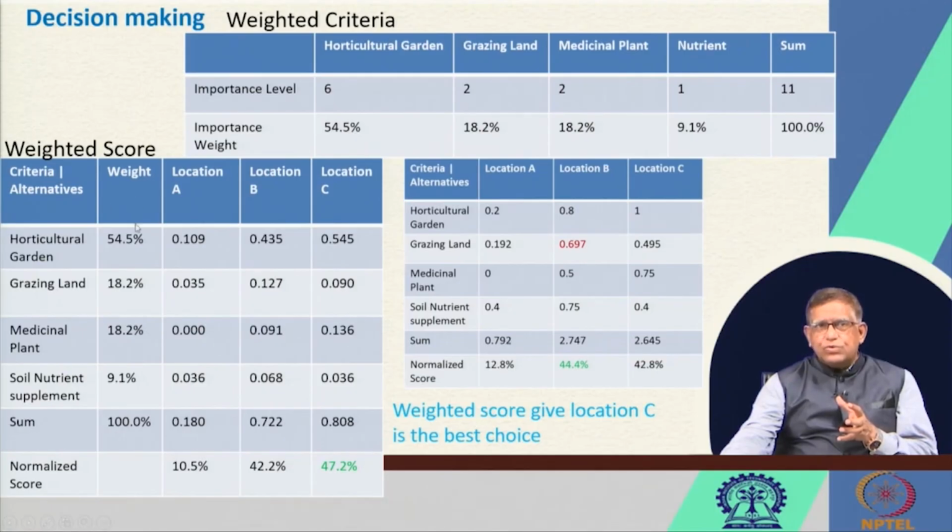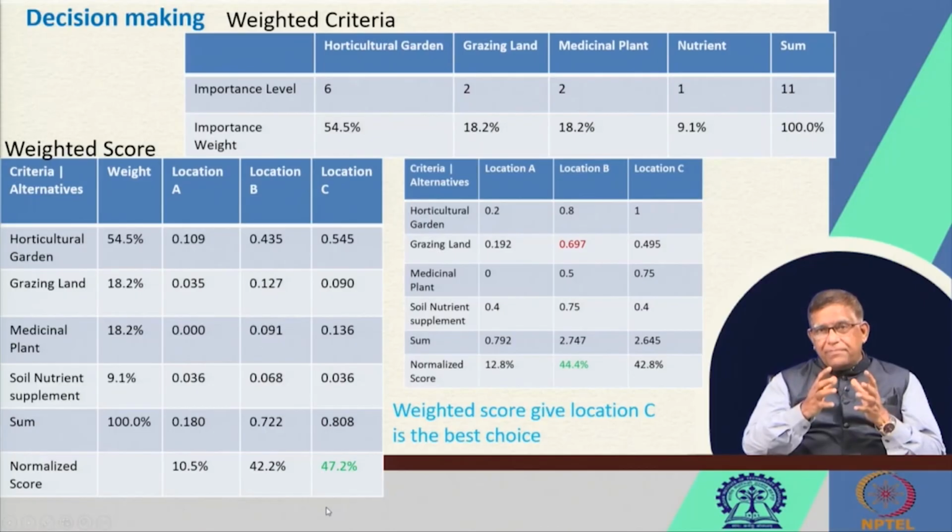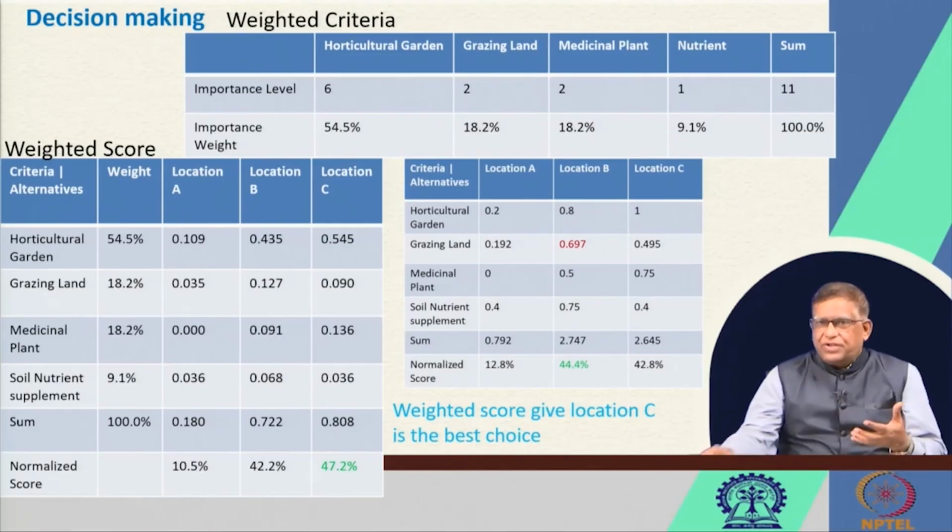You can see that these weights are given differently to the different criteria, and based on their original value, by multiplying this and the weight, you now get the new value. Now when you get the new value, you can see the normalized score. Ultimately we find, because this weight is considered, location C is better. Now you have seen that by handling data, you can take a better decision.